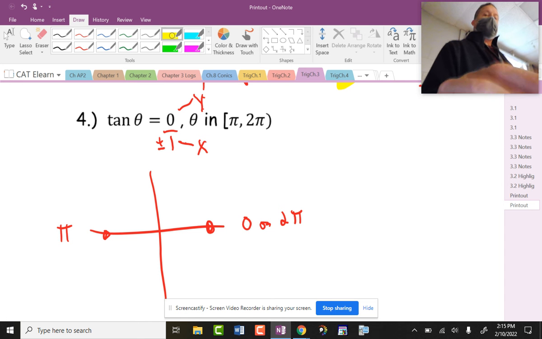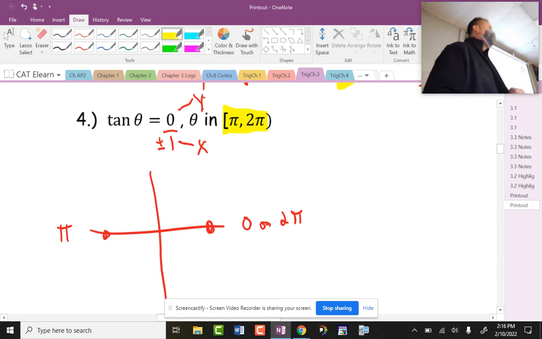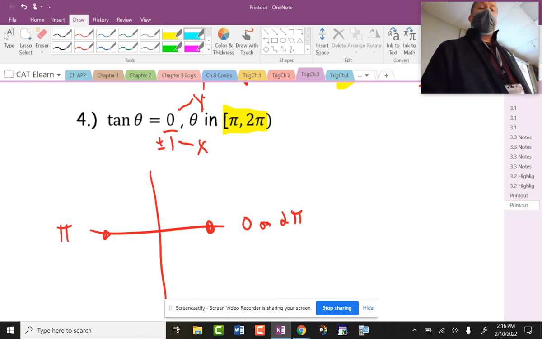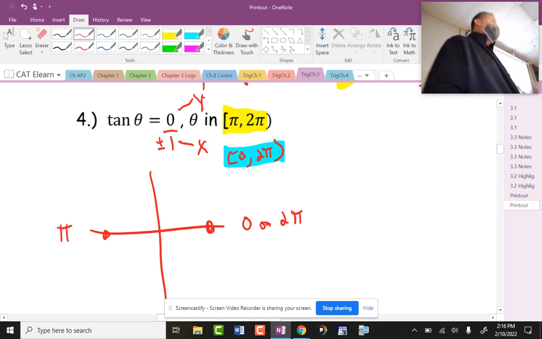Now let's look at these cryptic little directions here. What does a bracket mean? Include. What does a parenthesis mean? Not including. As a matter of fact, tomorrow the directions will specifically be give me all answers from 0 to 2 pi, parenthesis for sure there.